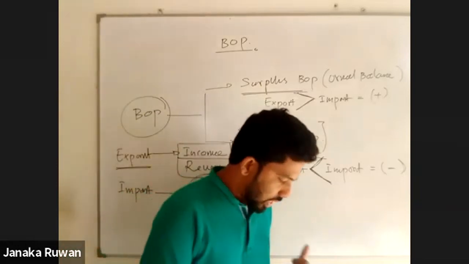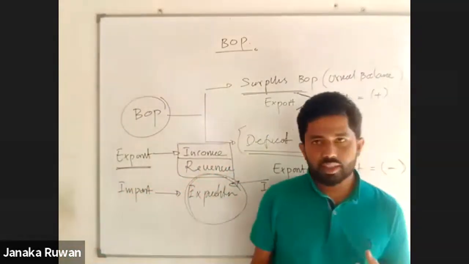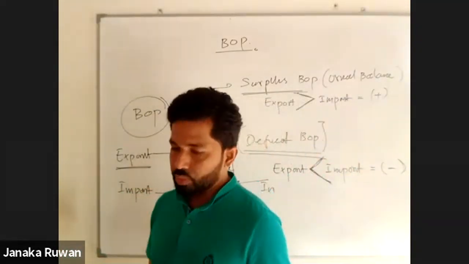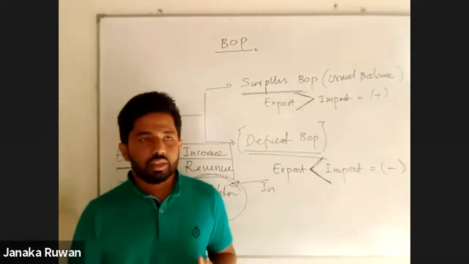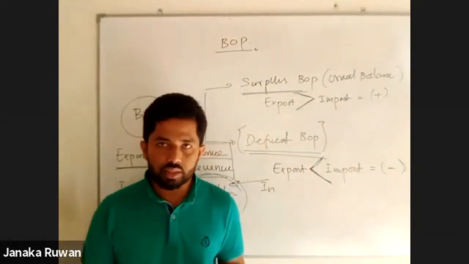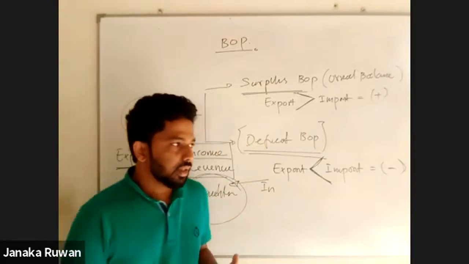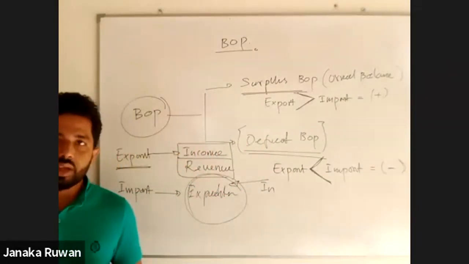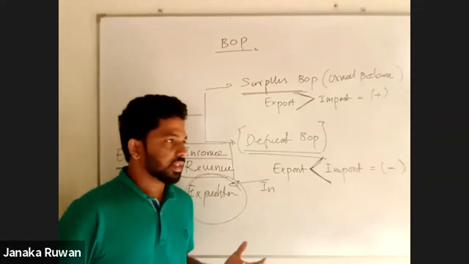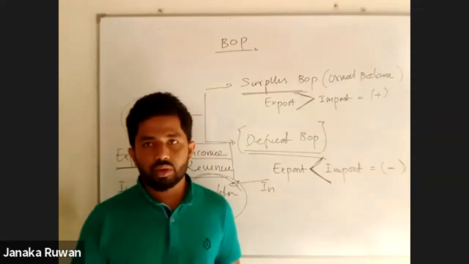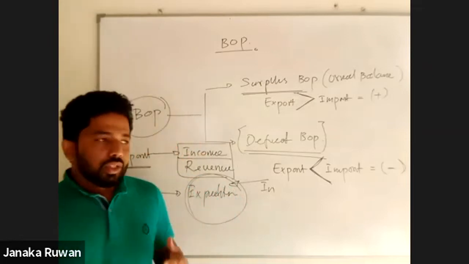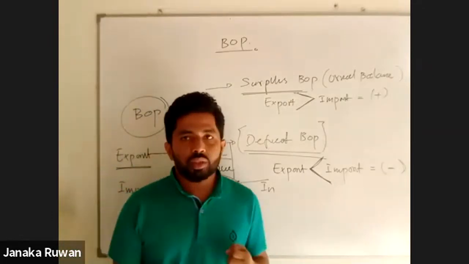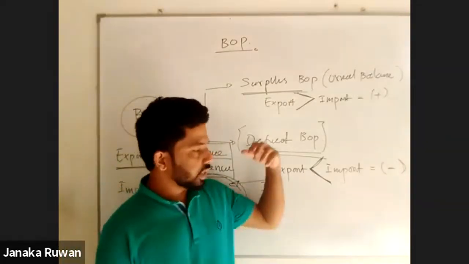But on the other hand, the domestic production is not enough to fulfill the domestic demand in our country. That means the domestic production is not enough to fulfill domestic consumption or domestic demand. So we have to import goods and services from other countries.